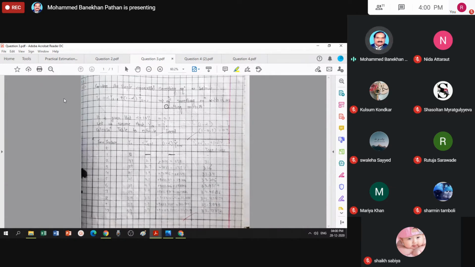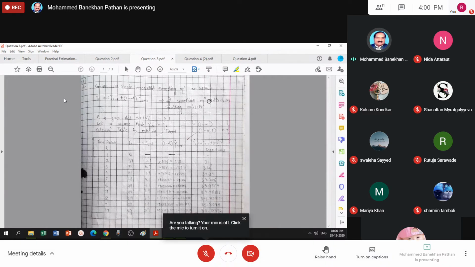This is called the exponential smoothing equation, where alpha is called a damping factor or smoothing constant, which is given to you as 10%, that means 0.1. We assume that Y hat 2 is equal to Y hat 1.